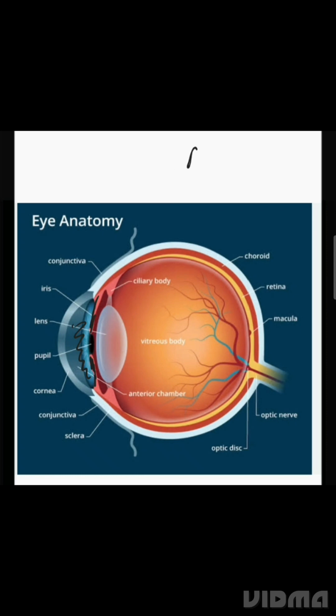fluid? Yes, aqueous humor. Can you tell me which structure of the eye produces aqueous humor? Yes, it is the ciliary body. Which part of the ciliary body? It is the pars plicata.